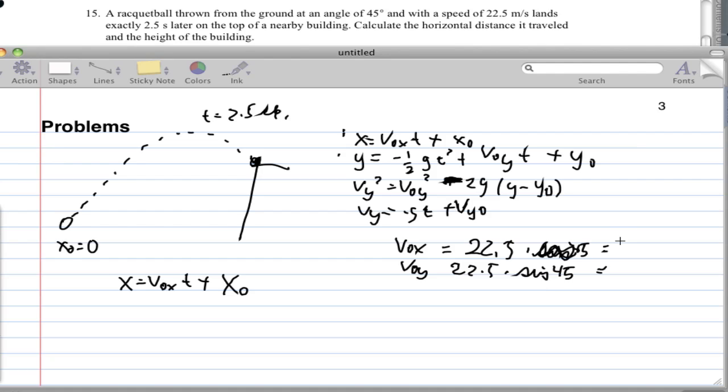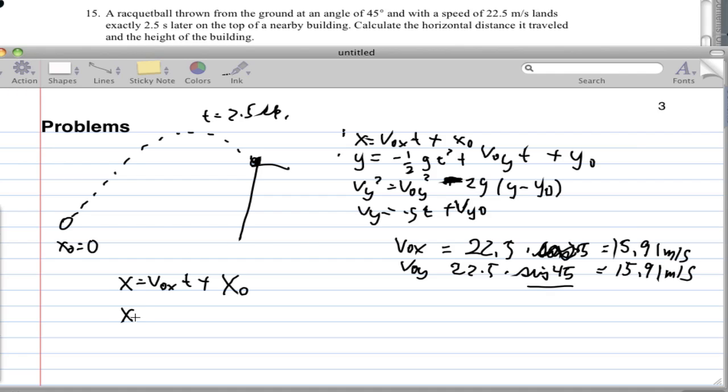So when we do that, 22.5 times the cosine of 45 works out to 15.91 meters per second. When we do the calculation for 22.5 times the sine of 45, we also get 15.91 meters per second. And now we can go solve some stuff.